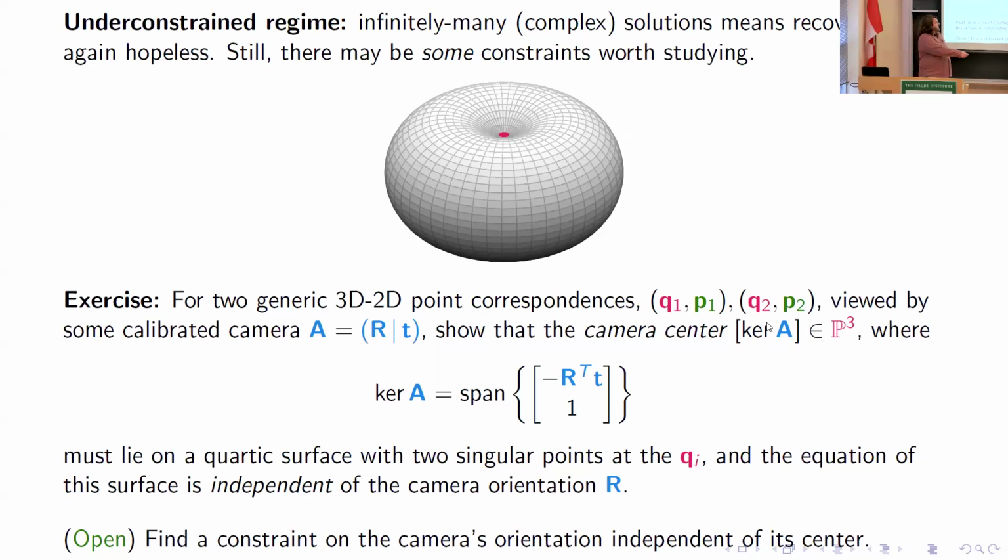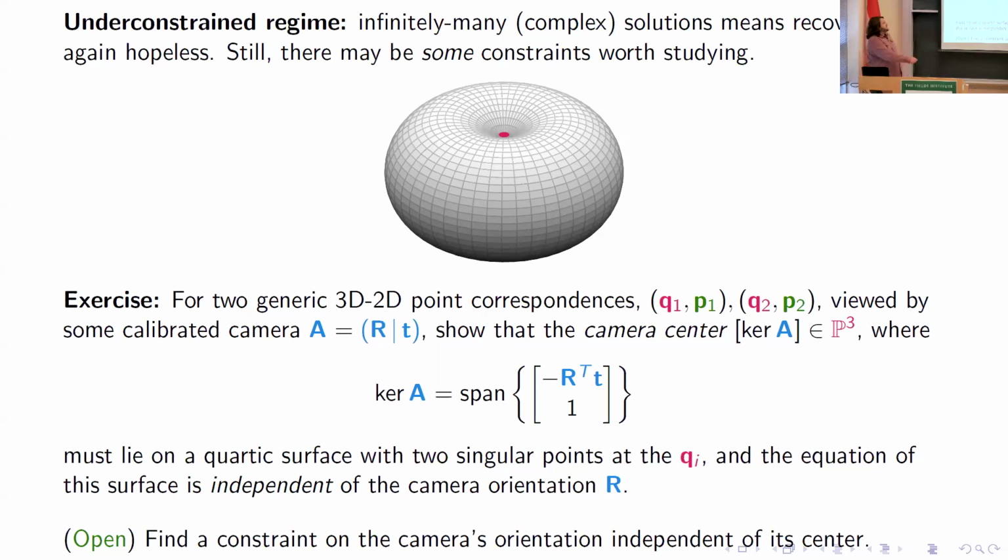And if your camera is calibrated, there's a nice formula for what that camera center should be, negative R transpose times T. And if these point correspondences are suitably generic, then there's a quartic constraint which this camera center must satisfy, which it turns out is independent of the camera orientation.